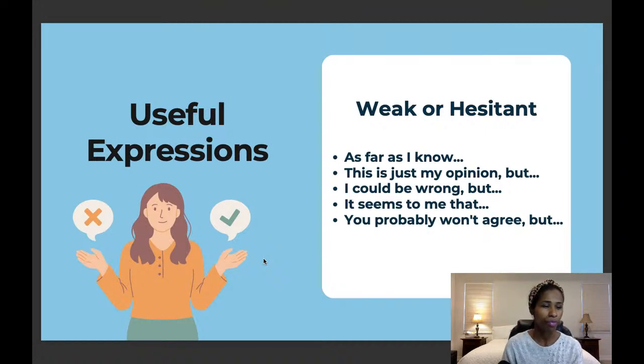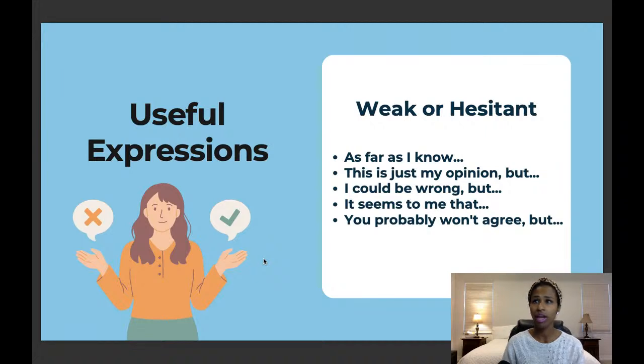So, for example, this is a dialogue between mom and dad. Mom: I think we should move to a bigger house. Dad: I think so too. We've outgrown this house.